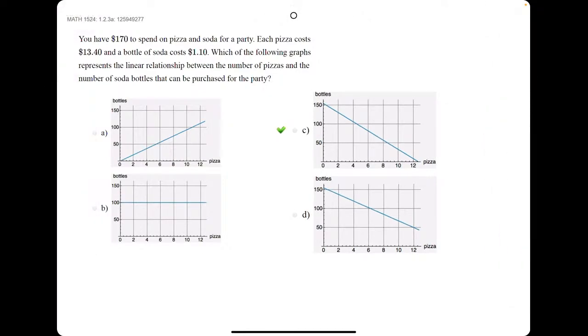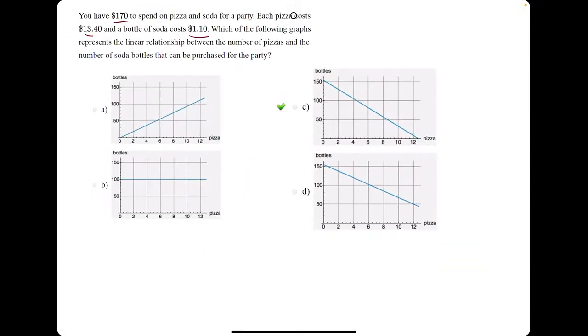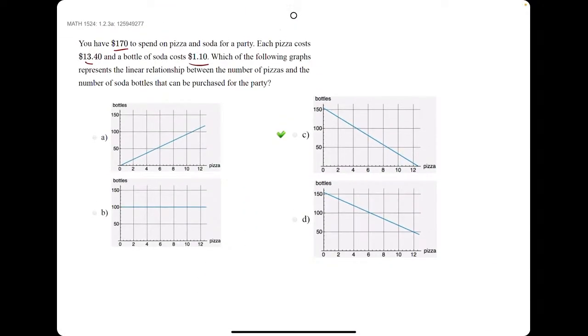Quick version here. We want to keep in mind the total amount is 170 and the price of each pizza or bottle of soda. If we have $170, we're trying to find the graph that represents the relationship from bottles to pizzas. If we have 170 total to spend on both, let's imagine we buy 0 pizzas.